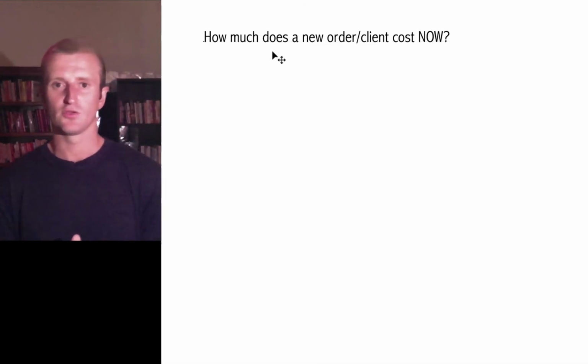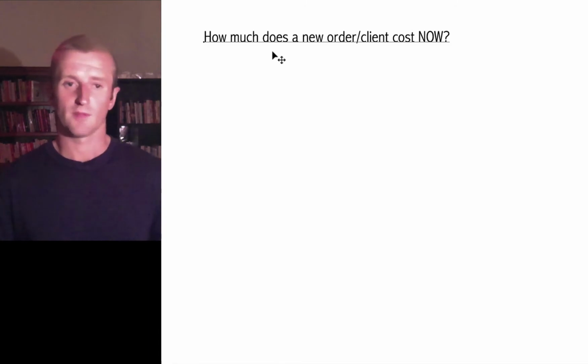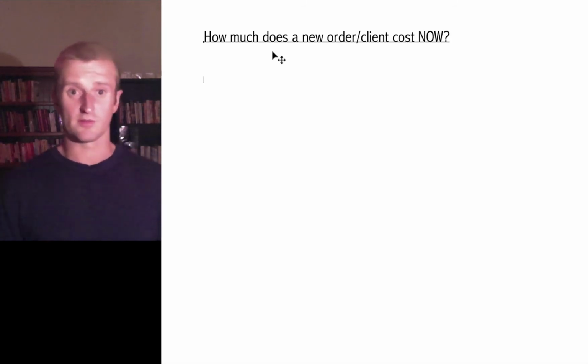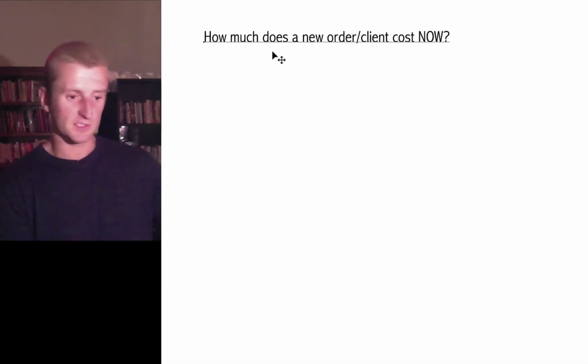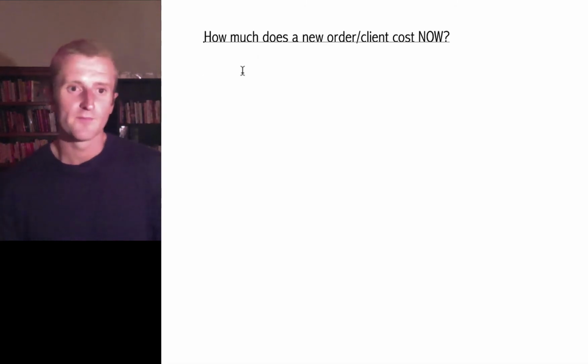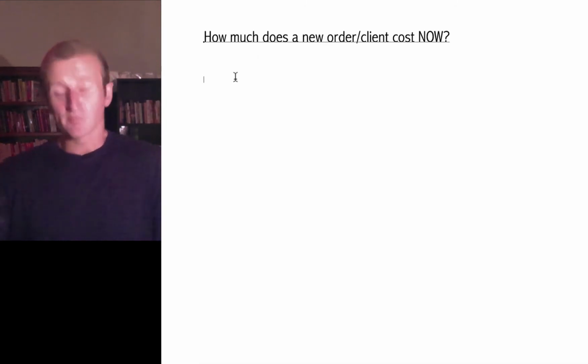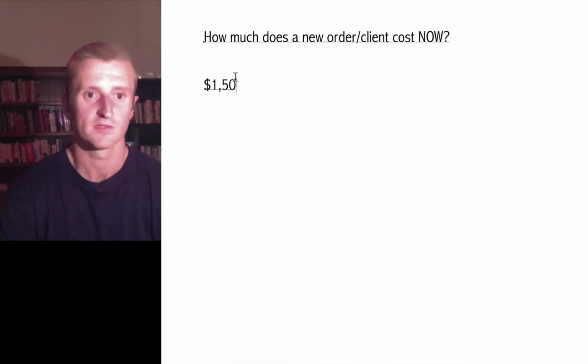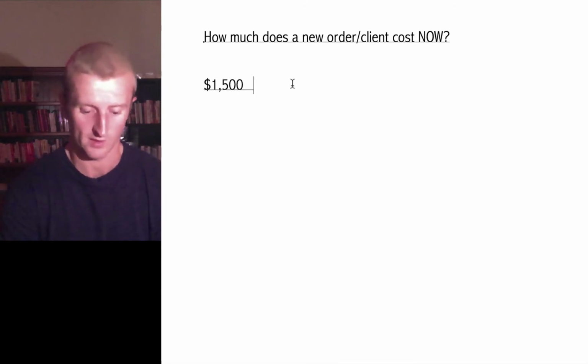Say you're doing carports, and your average price is $3,000 for an order. You don't get the money up front. Maybe you get 50% up front, so you get, say, $1,500 on average up front.